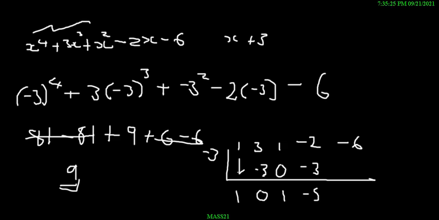Negative 3 times negative 5 is 15. And negative 6 plus 15 is positive 9. You can see that we get the same.